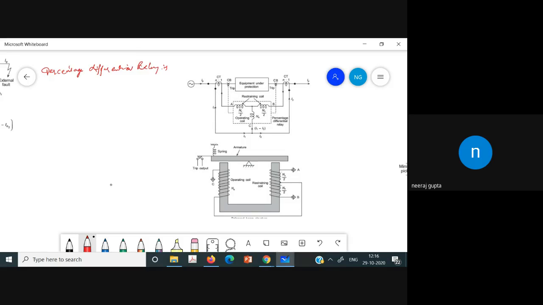So we will have the percentage differential relay. In the simple relay, we have the restraining torque proportional to the through fault current, and then we can say that the operating torque is proportional to the spill current.